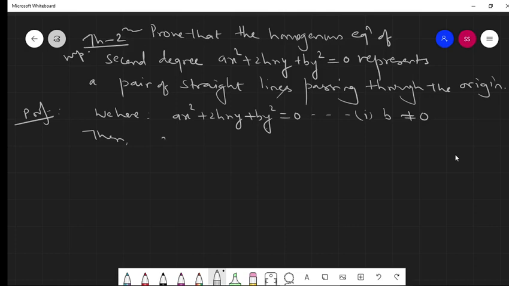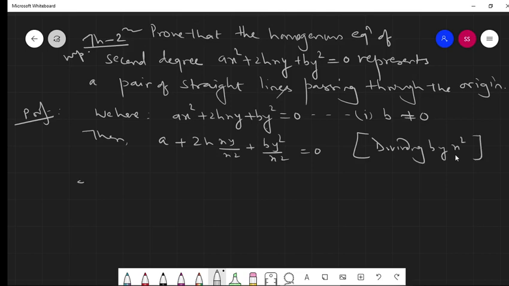If we divide by x square, here will be a plus 2h xy over x square plus by square by x square equal 0. Or simply we can write b times (y by x) whole square, plus 2h y by x, plus a equal to 0.